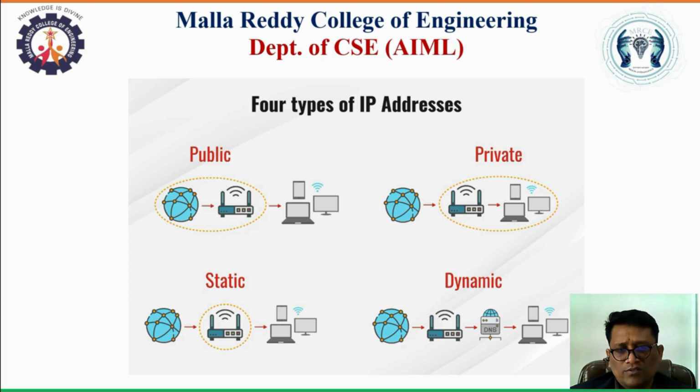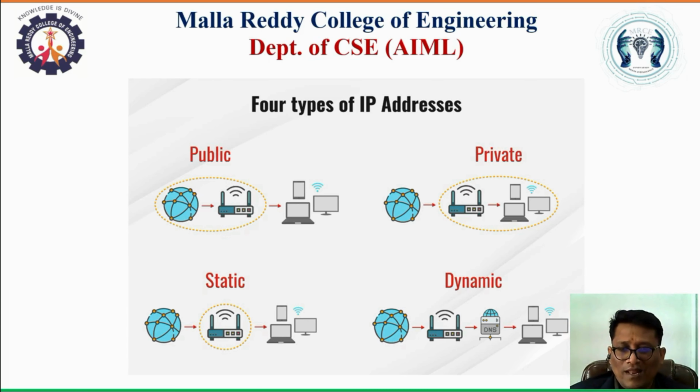Private IP address means, after getting a connection, suppose you have a browsing center. In the browsing center, you want to give a connection to all the systems, but we can't get an individual connection for each system. What we'll do is use one router or switch to distribute the single line into many lines.